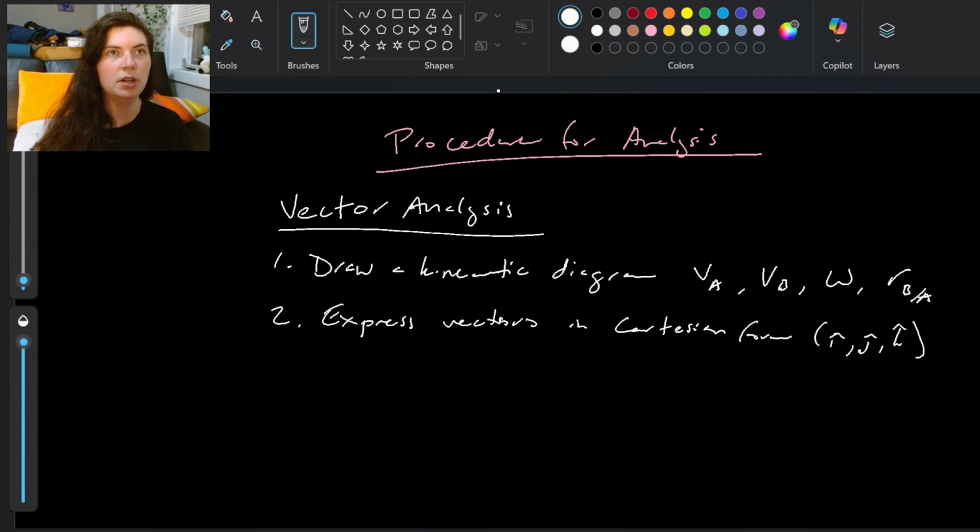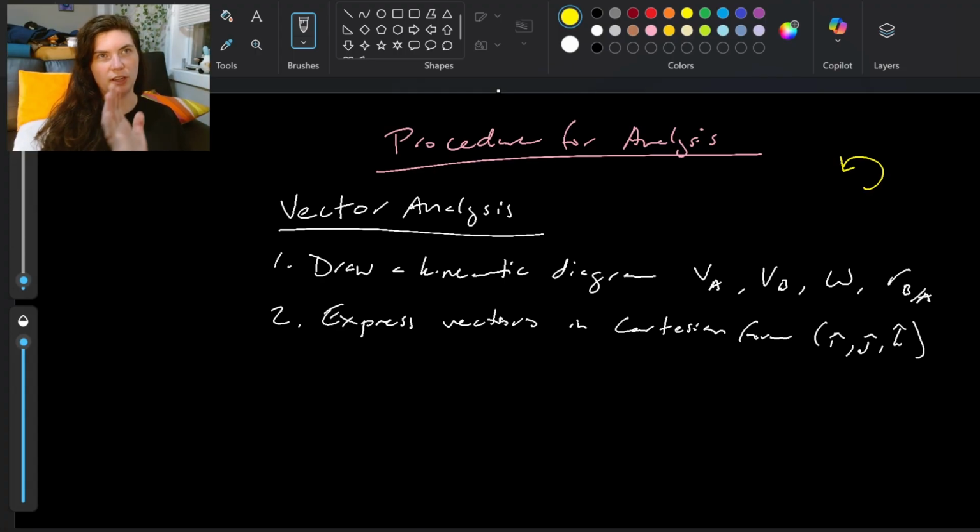Although we kind of brushed over this, our omega is usually clockwise or counterclockwise. What that means is that if we use our right hand rule, our thumb is going to point in the direction of whether it's in the positive or negative direction.